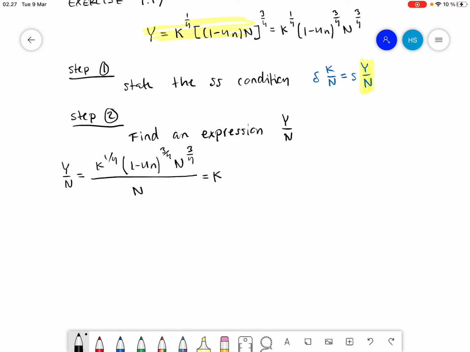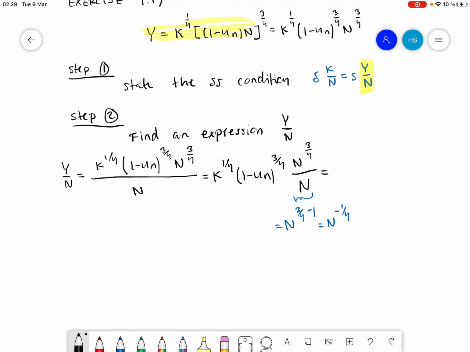This we can simplify. N to the power of 3/4 over N is the same as N to the power of 3/4 minus 1, which is the same as N to the power of minus 1/4.